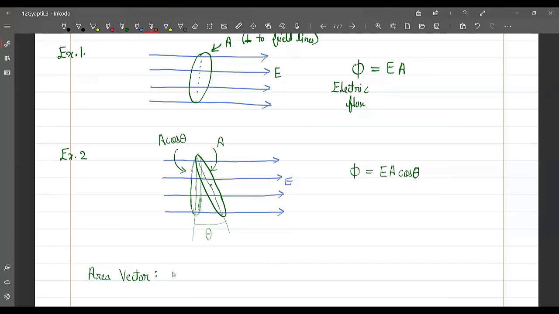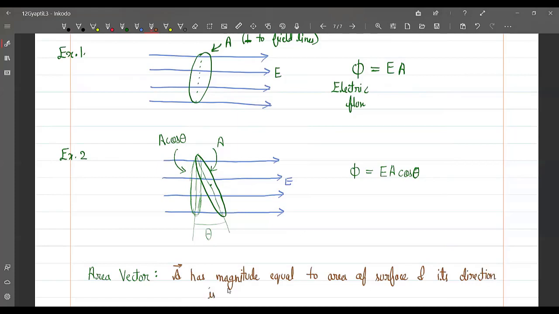Area vector has magnitude equal to the area of the surface, and its direction is perpendicular to the area.